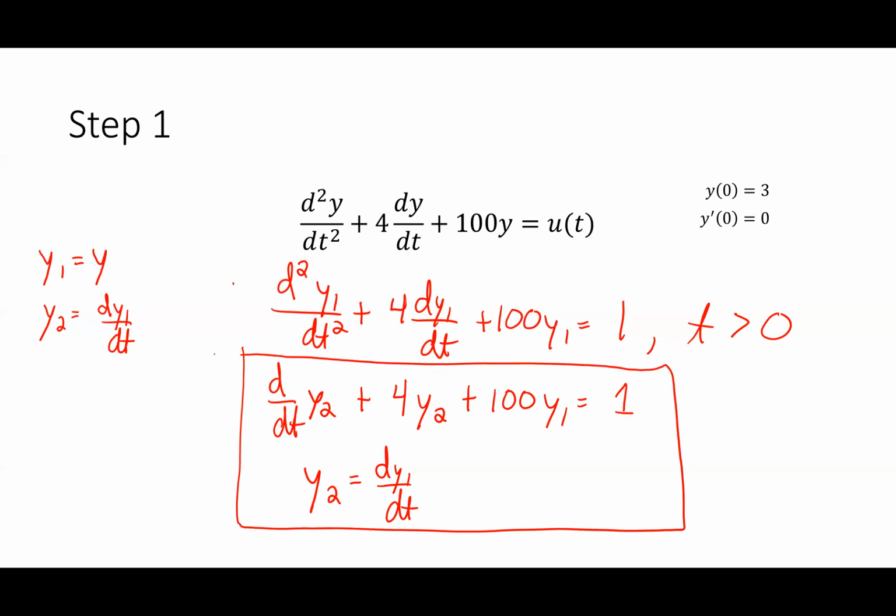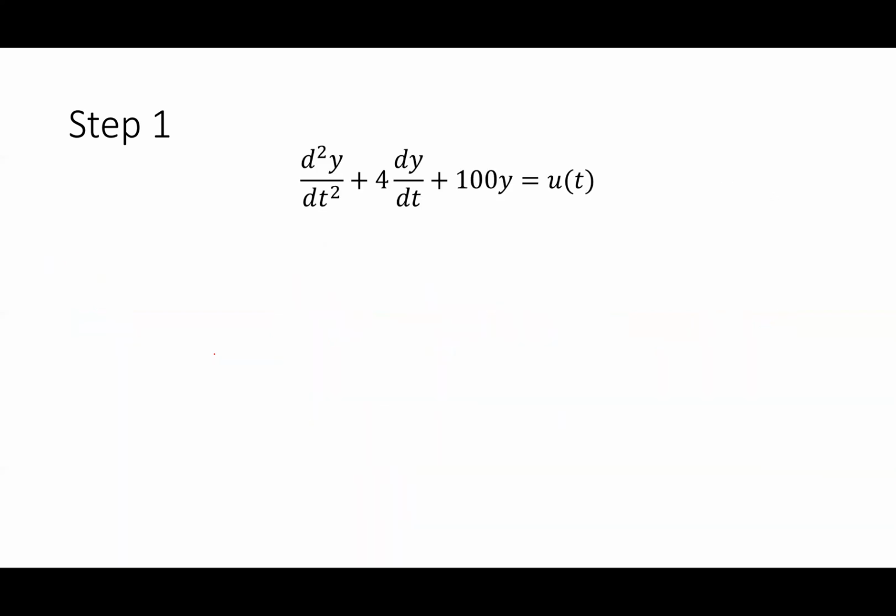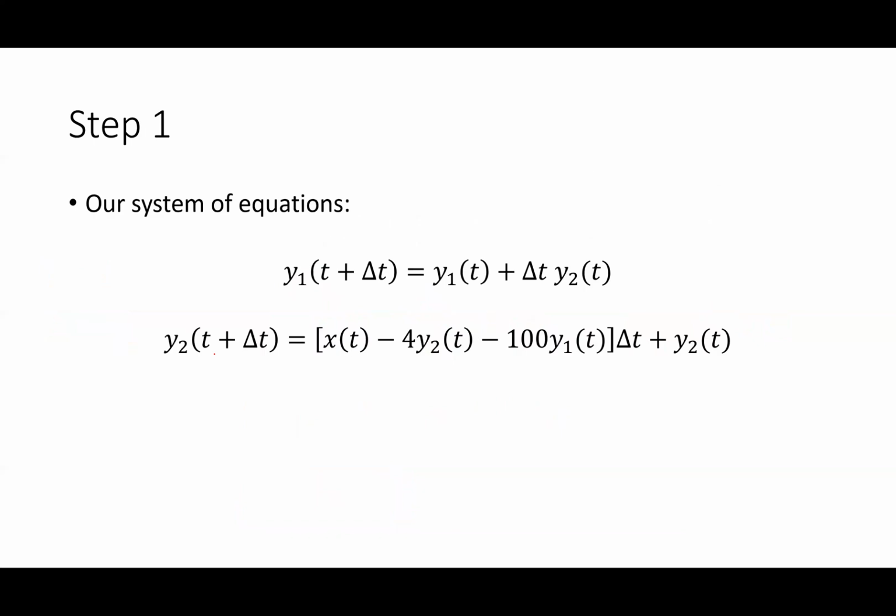These are the two equations that I have. So I convert those two equations into the two discrete time equations, which are basically here. Without going through all the math of rearranging those, I get them into that form. And if I put them in the real discrete time way, I get rid of t. So instead of t plus delta t, I say y1 of n plus 1 equals y1 of n plus delta t times y2 of n.